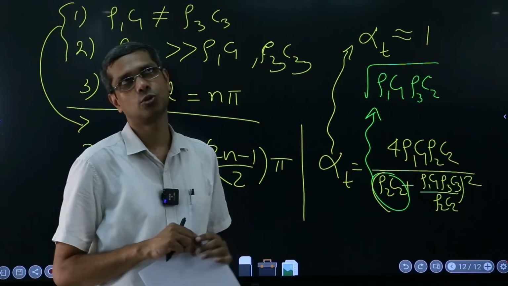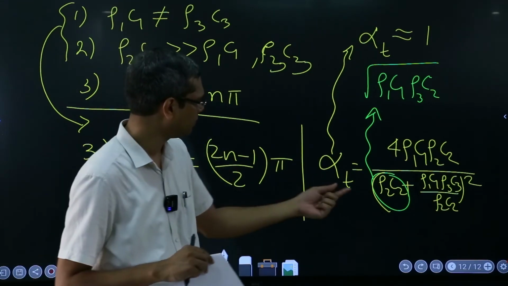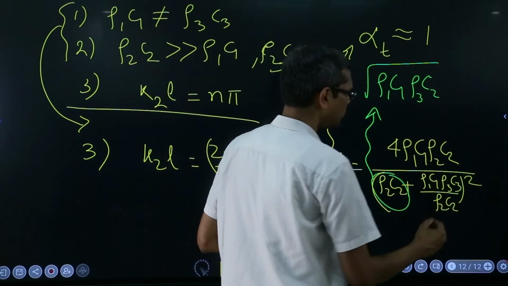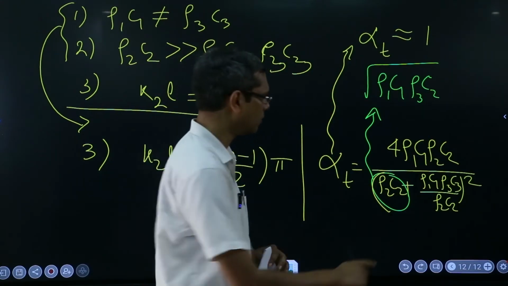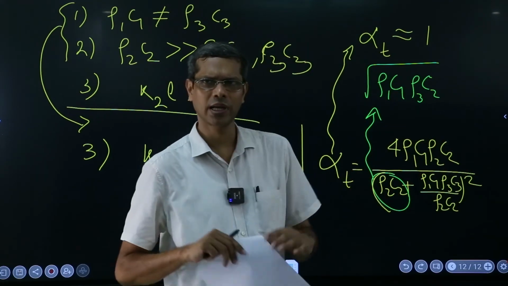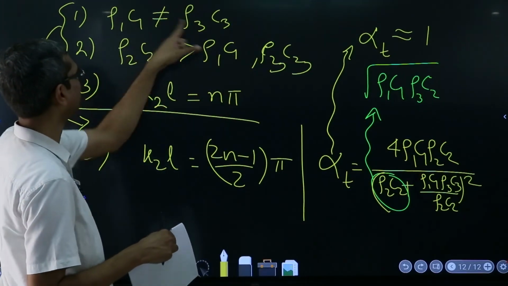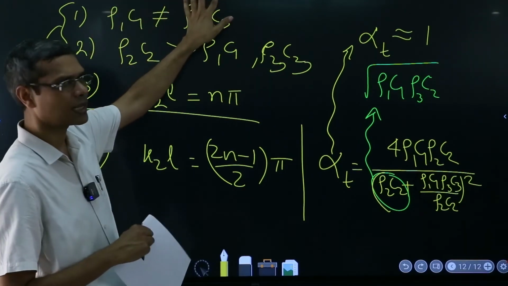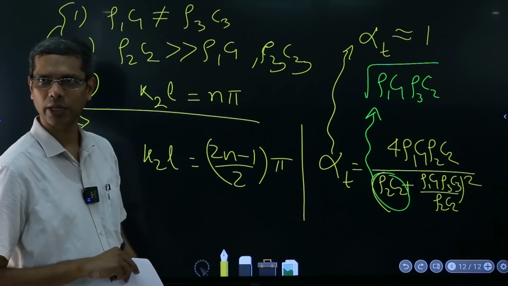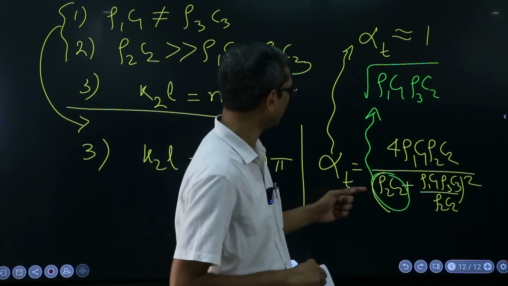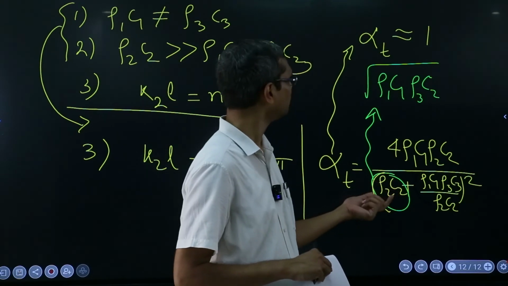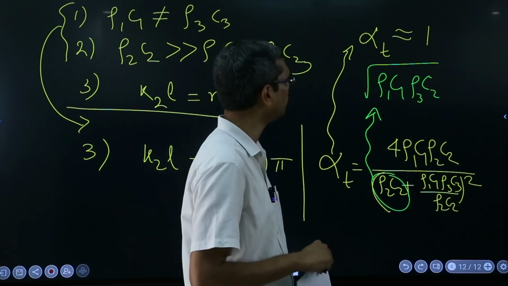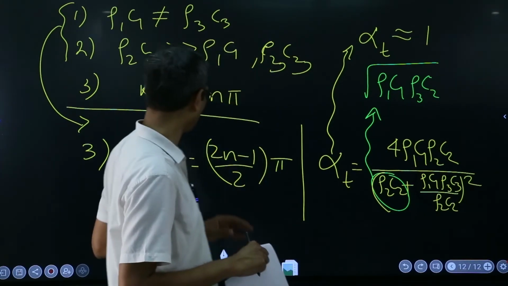If you can choose a material in such a way, rho 2 c2 is the in-between material, so let's start with this. You had two separate media with rho 1 c1 and rho 3 c3. They are completely different materials, so you don't have the requirement that they should be the same. Imagine this is air, this is say glass. Now if you choose rho 2 c2 in this way, then you are getting a transmission of 1 irrespective of thickness.